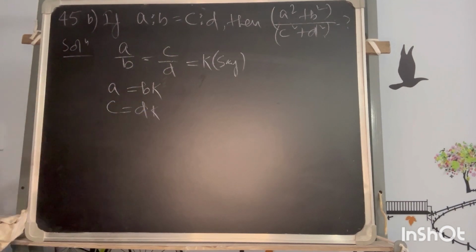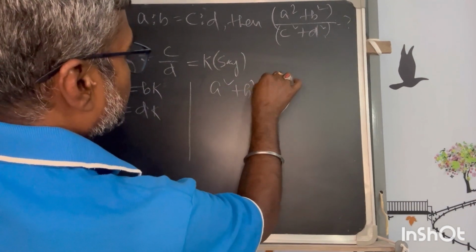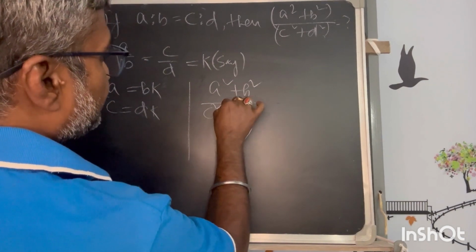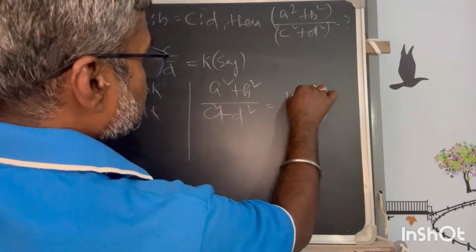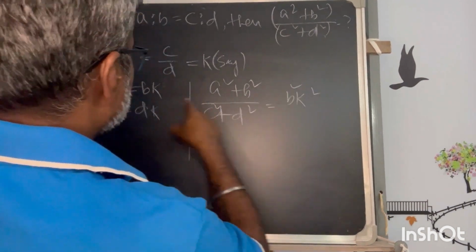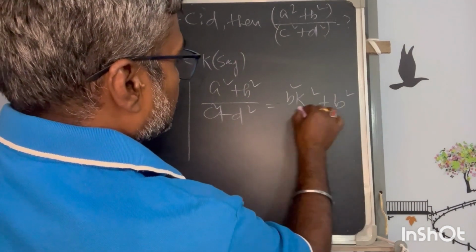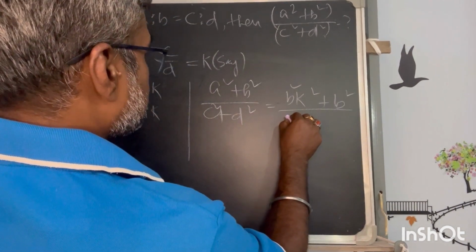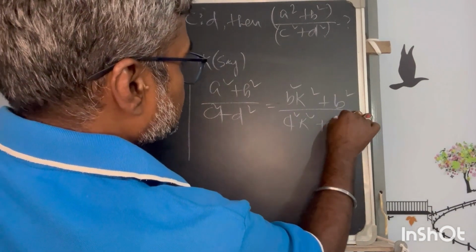So there I can represent one variable in terms of the other variable. There also I can do the same. Now I put in a square plus b square, and this we have to find the value of. Since a is equal to bk, a square is b square k square, and b square is already there. For c, it is d square k square plus d square.